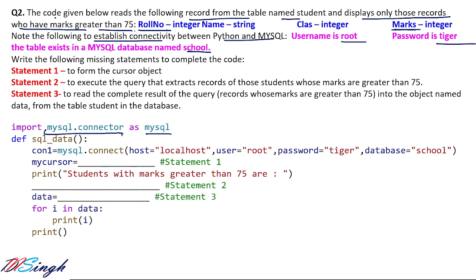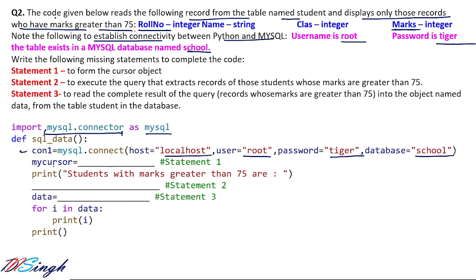Like mysql.connector is cumbersome to write, so you just write mysql. And here they have created a connection object con1 equal to mysql.connect, where host is localhost. The same computer is used to run the Python program as well as to host the MySQL server. Then we have the username as root, password tiger, and school is the database name.